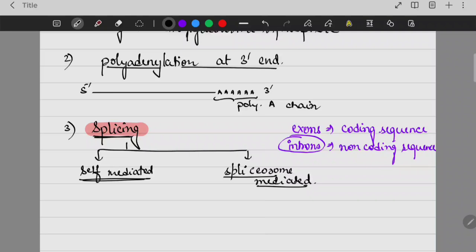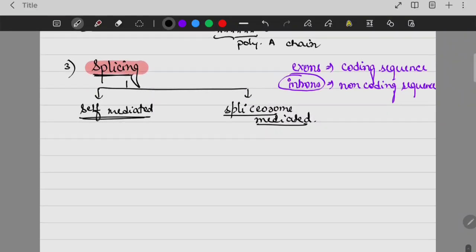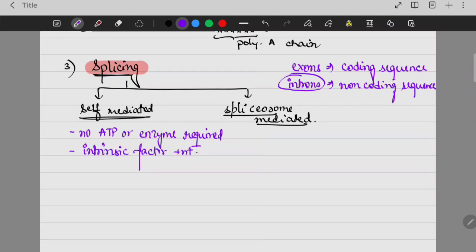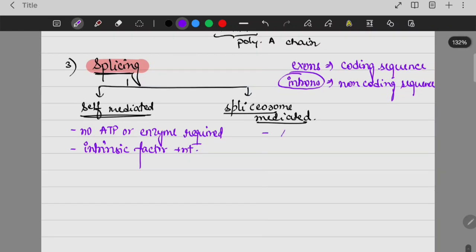There are different intrinsic signals which help in the splicing of the mRNA. So if I write these points: no ATP or enzyme required, intrinsic factors present. Now, in the spliceosome-mediated method, there is a requirement of spliceosomes. These are enzymes in nature. They require ATP.